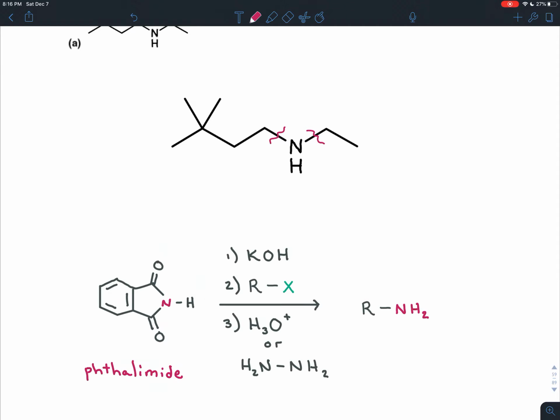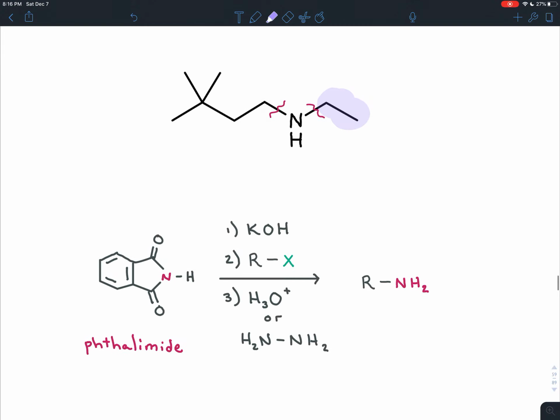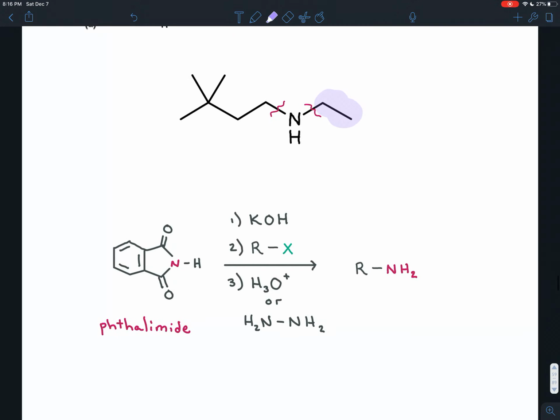But as for the carbon chains, you want to look for the one that's less bulky, and that one you want to redraw as an alkyl halide. That's the one that you're going to use in the Gabriel synthesis. Because remember, the Gabriel synthesis is an SN2 reaction, and so it'll work best if the substrate is not crowded, so that the nucleophile has room to swoop in and attack and kick the leaving group off.